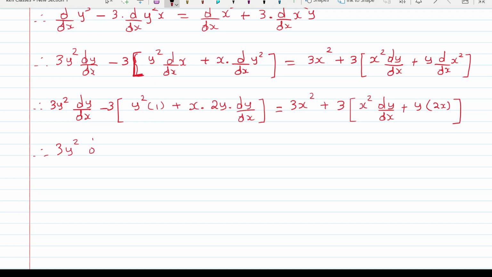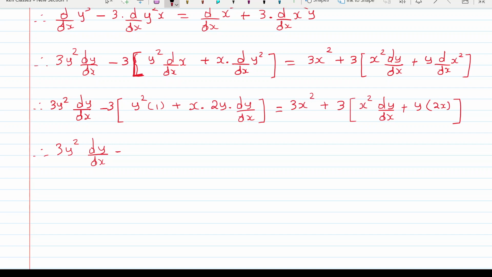So 3 तो वो तो चलते रहते हैं. So 3y square into dy by dx. अभी what is the main process now? ये सब हो गया है ना, डेरिवेटिव लेके हो गया. So हमारा मेन काम क्या है, सब dy by dx को लेफ्ट में लेके आना है. So उसके लिए we'll have to simplify the terms. ब्रैकेट्स को ओपन अप करना पड़ेगा, then only we can bring the terms on the left hand side.